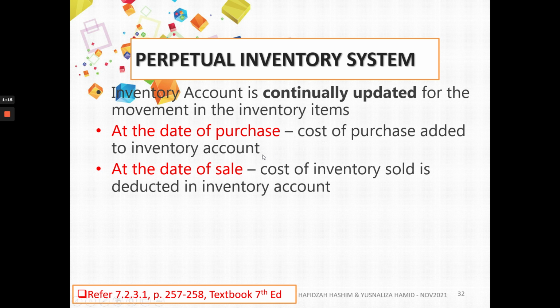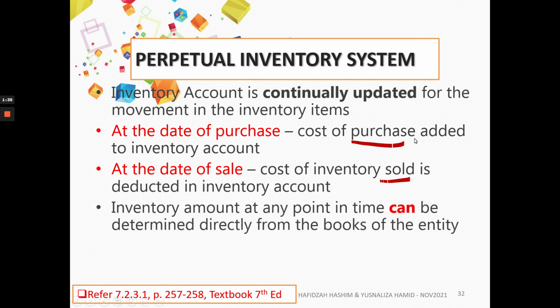Under the perpetual inventory system, at the date of purchase, the cost of purchase is added to the inventory account, and at the date of sale, the cost of inventory sold is deducted from the inventory account.